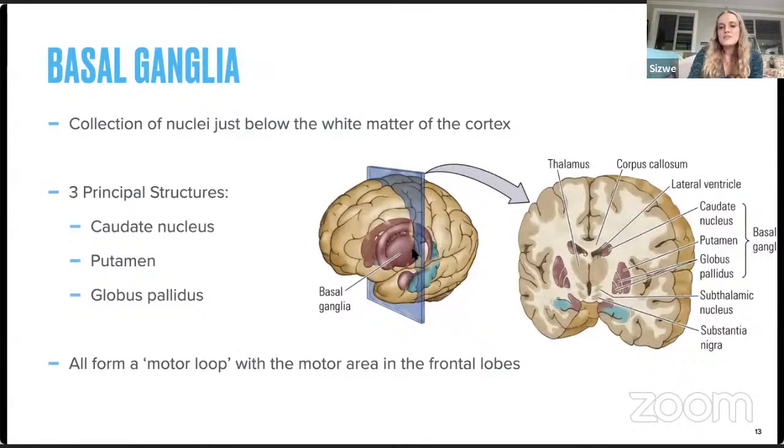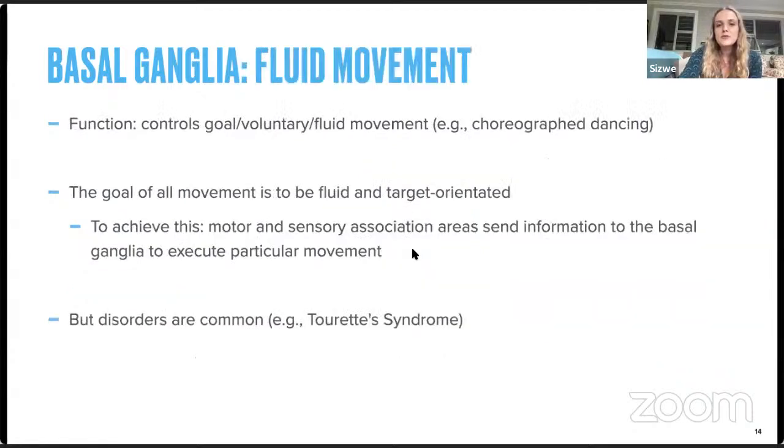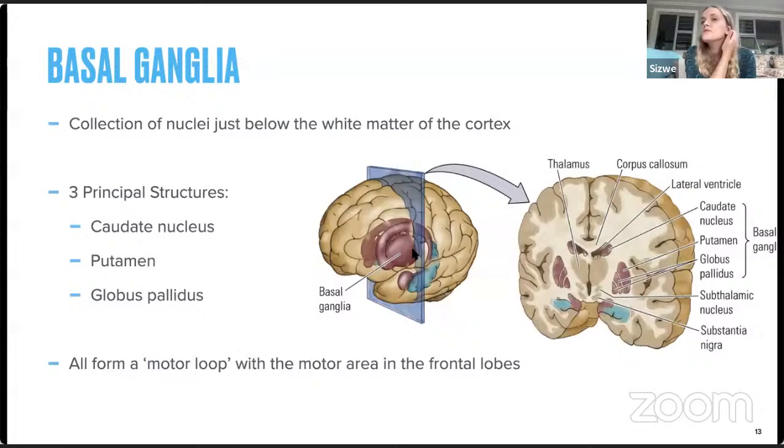What happens when there's a blockage in the basal ganglia? Obviously the basal ganglia deals with fluid movement, so there's going to be problems with fluid movement. If anyone's ever watched House, Olivia Wilde's character had Huntington's disease. And I'm sure Huntington's disease has something to do with the basal ganglia. Let me look.